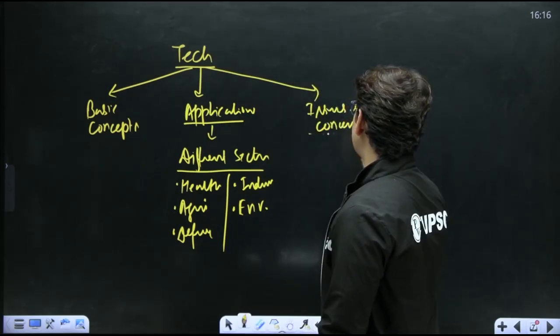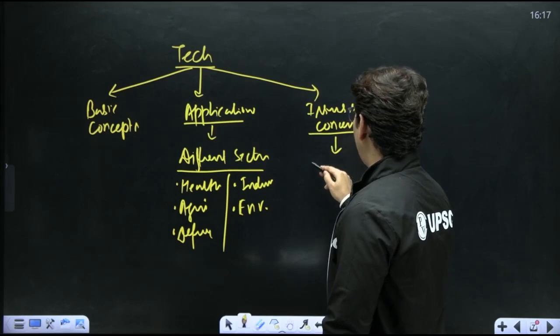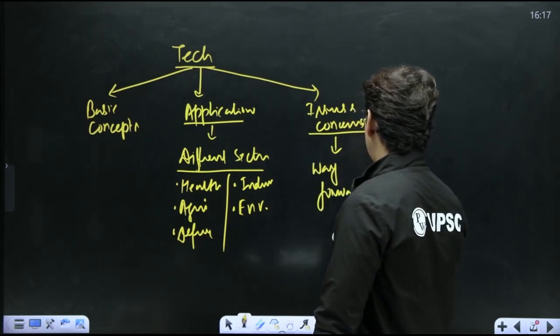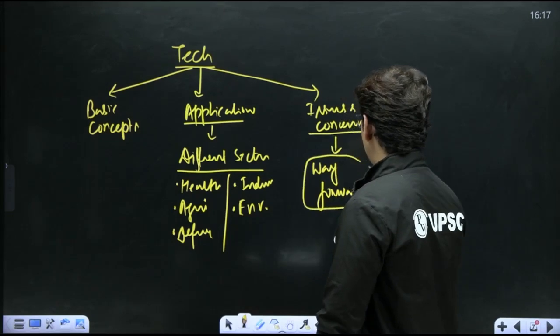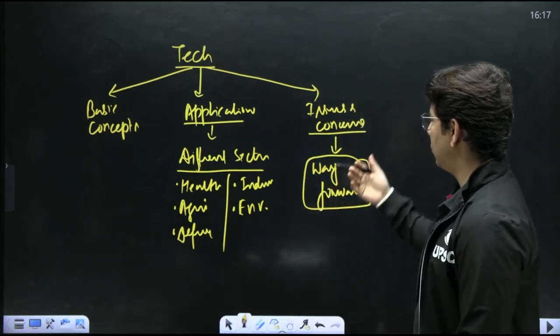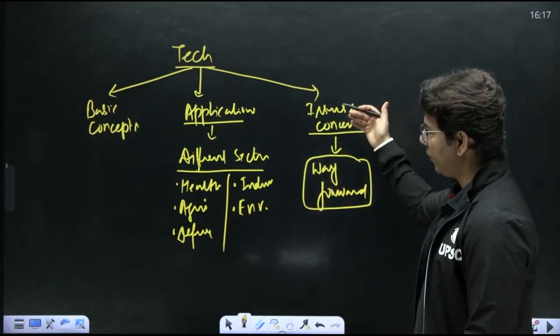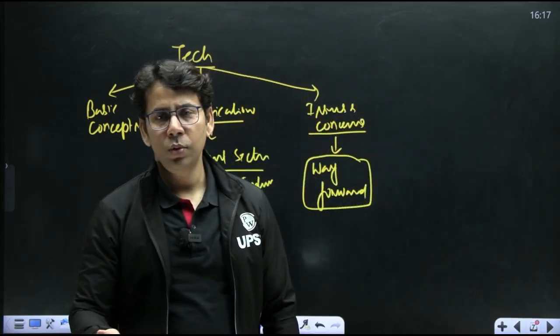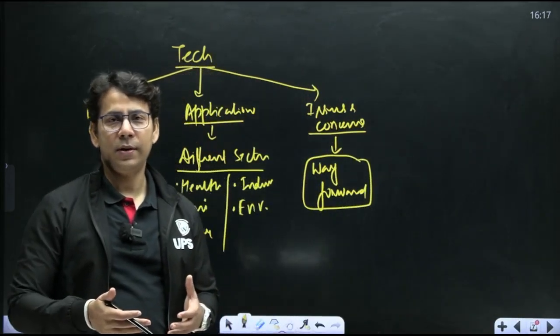And with the issues and concerns, we always go for the way forward. So if there is any issue and concern, roadblocks, limitations, we should be aware of it. And then we go for the way forward, that is, what we can do to make it more usable, right?